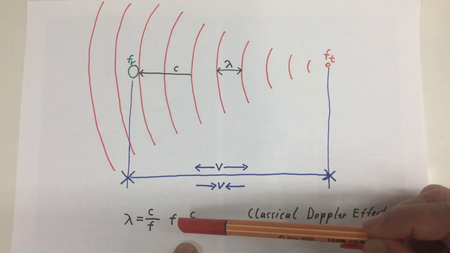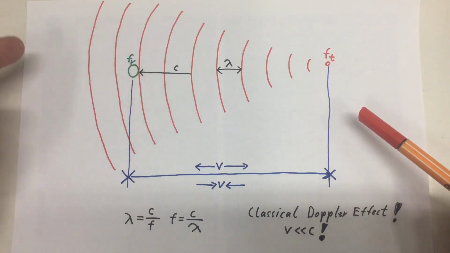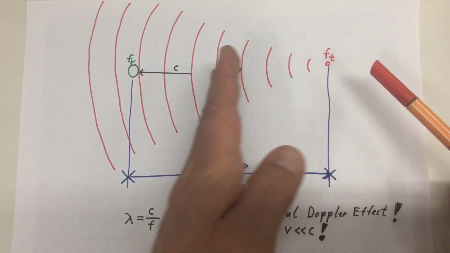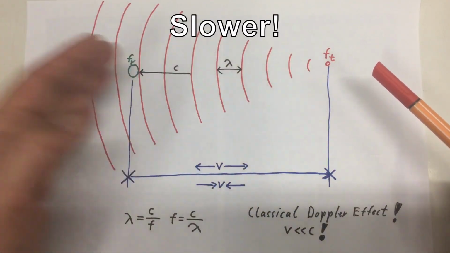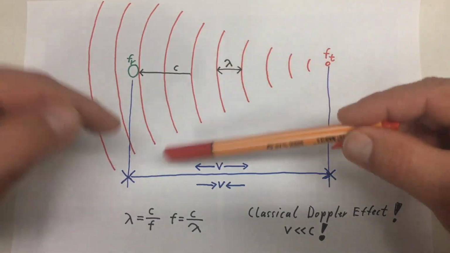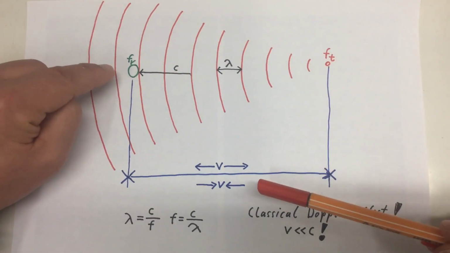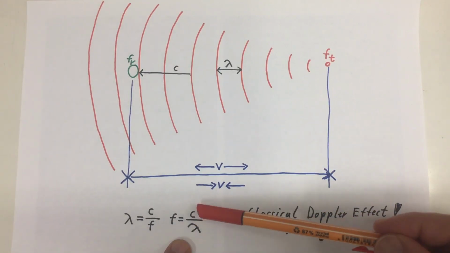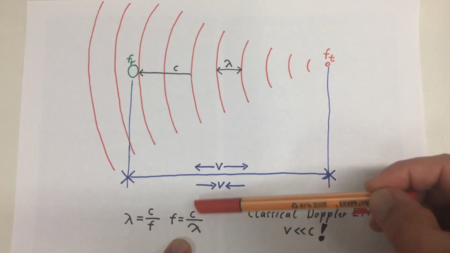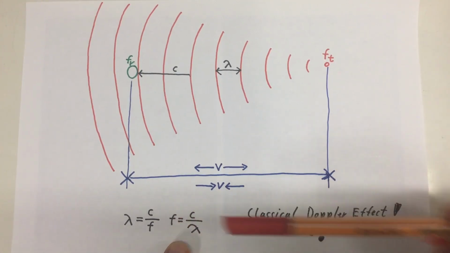The frequency increases. Or if the receiver moves away from our transmitter, then to the receiver the waves appear to be slower. To be exact, the velocity of the waves minus the velocity of the receiver. And as the apparent velocity to the receiver is getting smaller, the frequency is getting smaller.